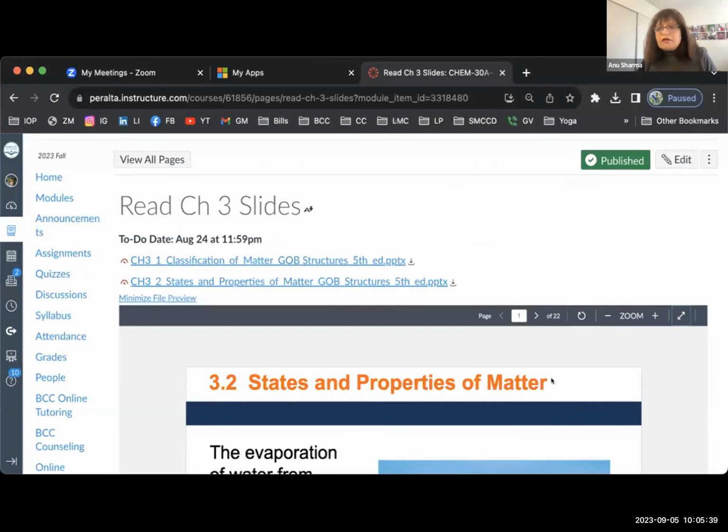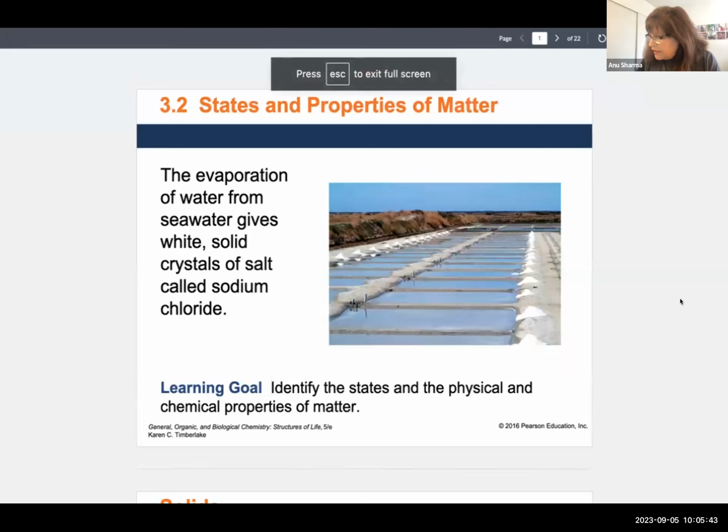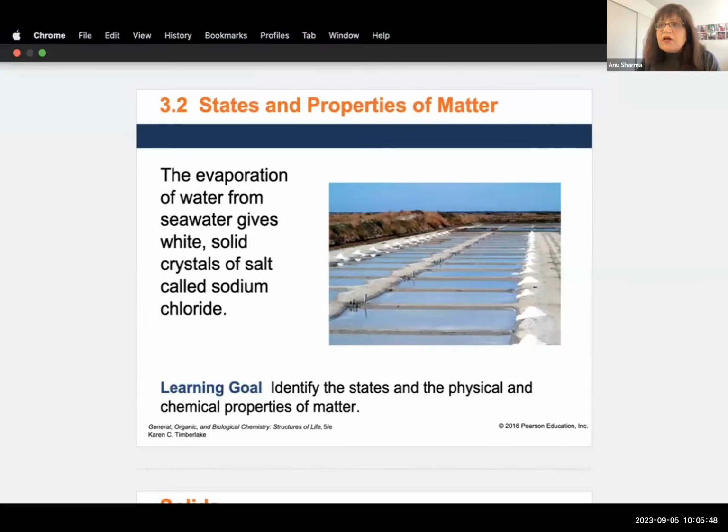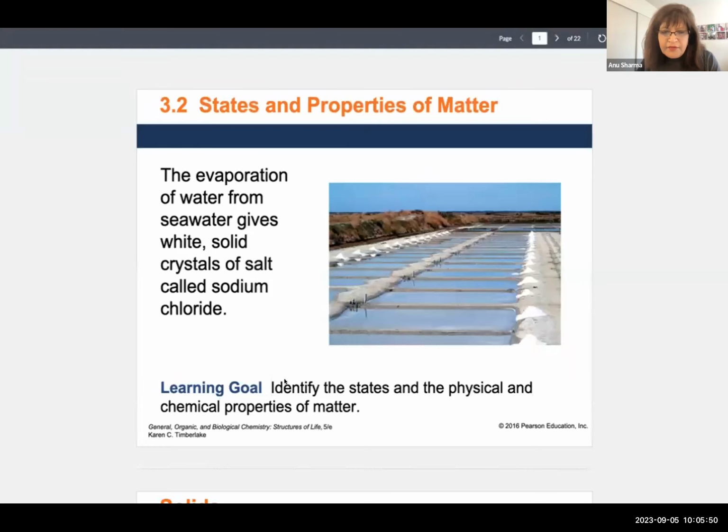I just want to make sure I can show you. Yeah. Now do you see the screen? Do you guys see the screen? The states and properties of matter? Okay, thank you, Marissa, and thank you, guys. So sweet of you.